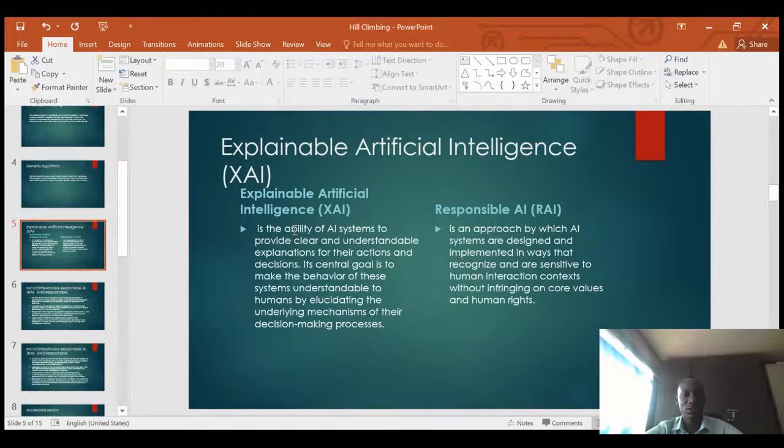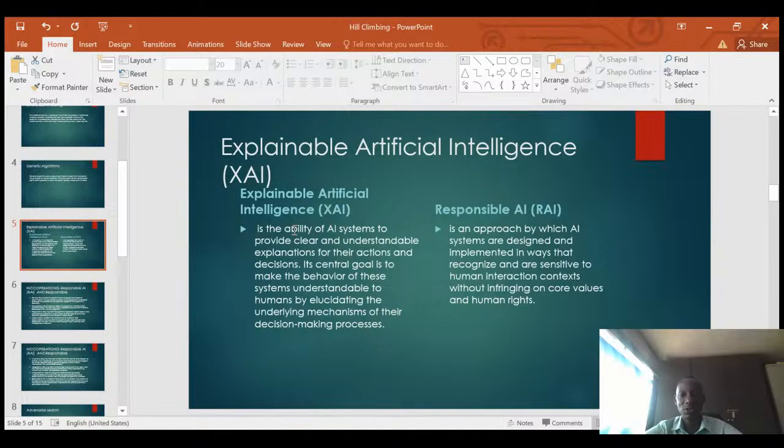Its central goal is to make the behavior of these systems understandable to humans by elucidating the underlying mechanisms of their decision making. Elucidating is like laying it out to us in a format that we are able to interpret so quickly.